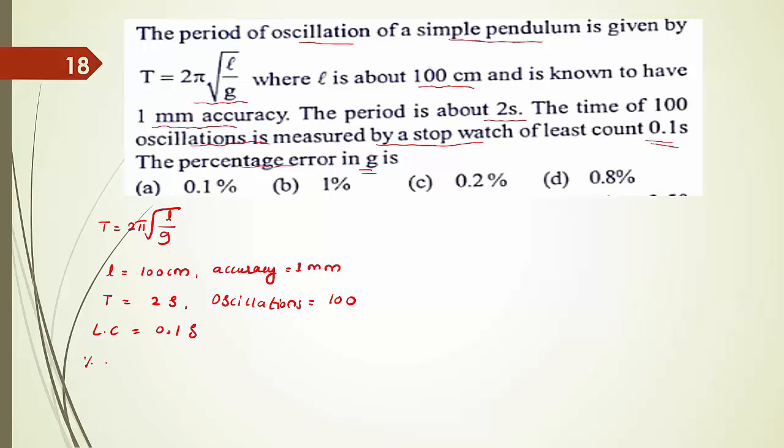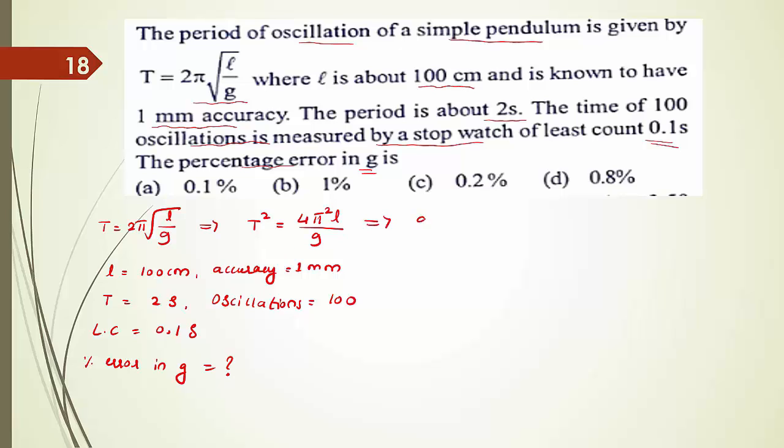So we have to find the percentage error in the g value. See here, T equals 2 pi root of L over g. This equation can be written by squaring both sides: T squared equals 4 pi squared L divided by g.